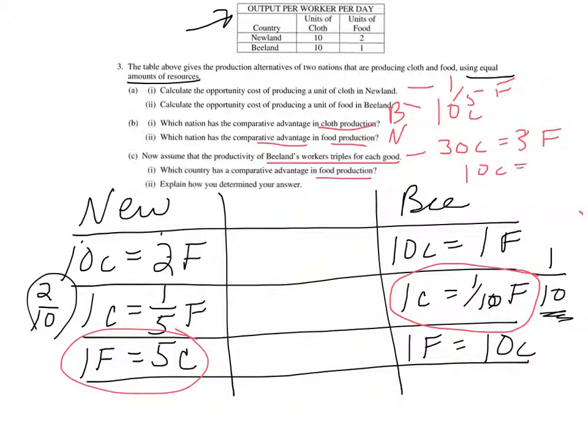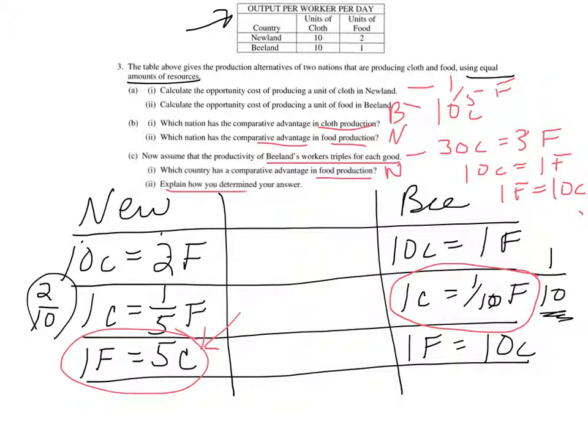The opportunity cost does not change for Beeland. One food is still going to equal 10 units of cloth. So who has the comparative advantage in food production? It's still Newland. The opportunity cost of food production for Beeland remains unchanged.